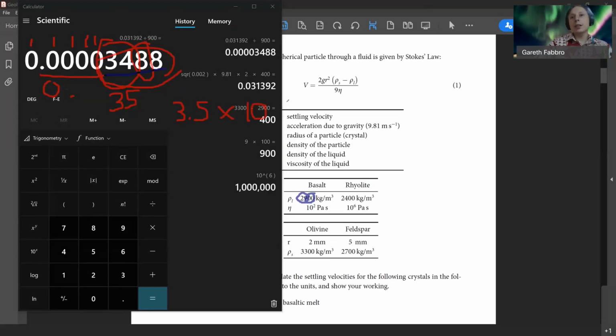But you don't need to write it like this. If you just write it out as 0.0000035, that would be fine. Remember your units. Because we used SI units for everything, we can say that it's meters per second.